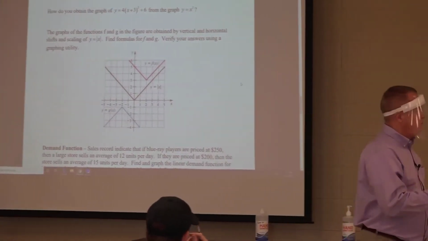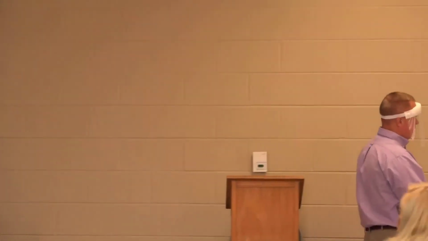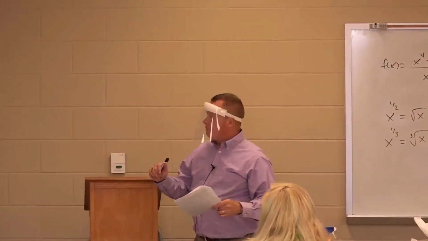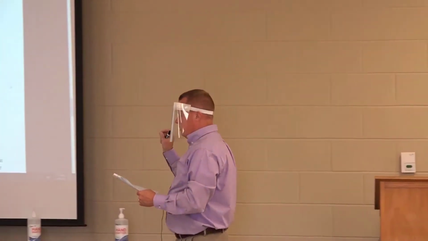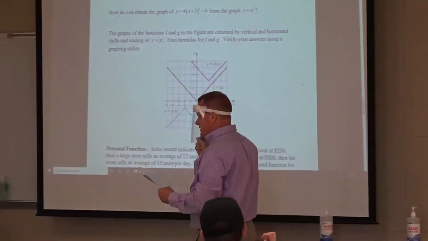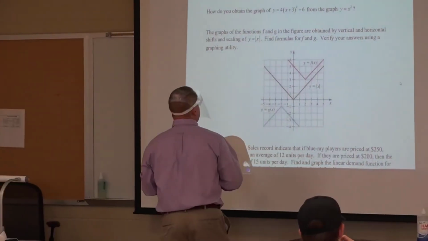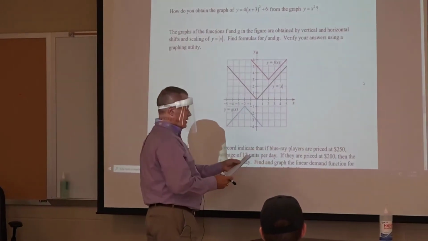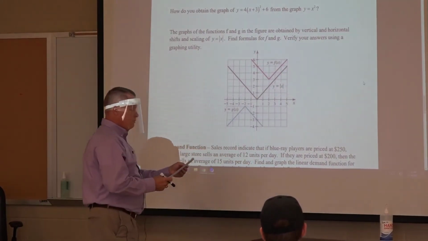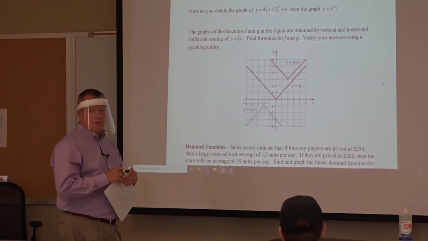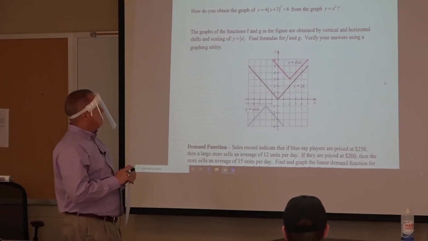So it's going to stretch it a bit. So for that one, I'm not going to write it down, but it shifts the graph 3 units to the left, scales the graph vertically by a factor of 4, and then shifts the graph vertically by 6 units. That's what we said, okay? Any questions about that?